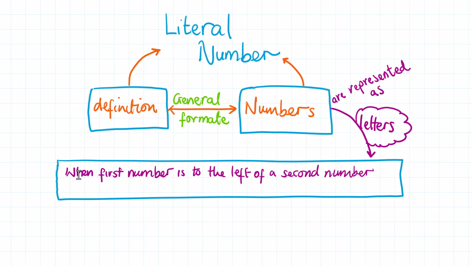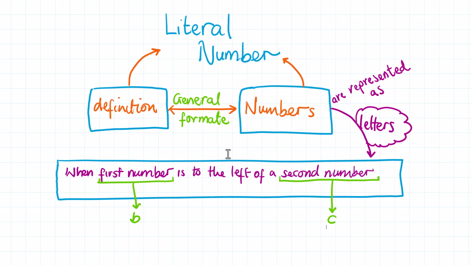For example, when a statement says that a first number is to the left of a second number with respect to the number line, we say that the first number is represented as the letter, let's say, B, and the second number is represented as the letter C. This is where we have our number represented as a letter, which is what literal number means.